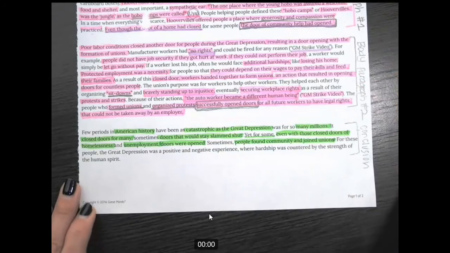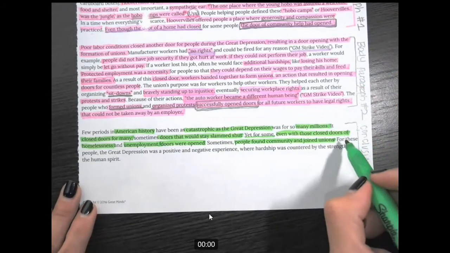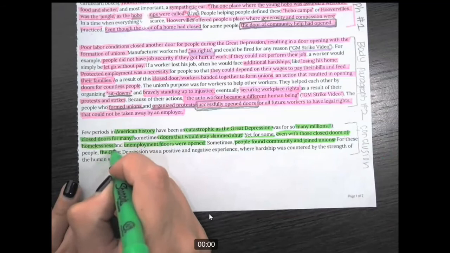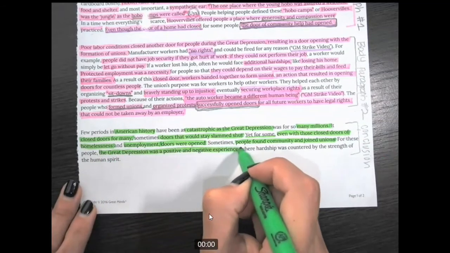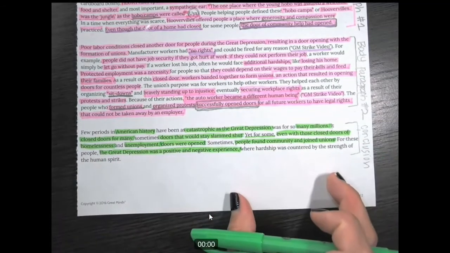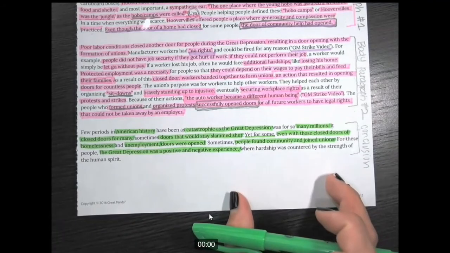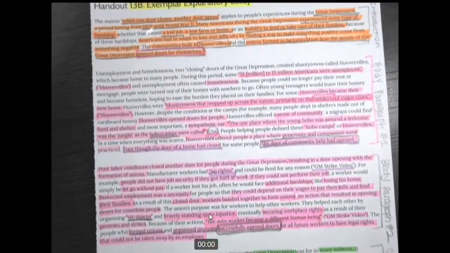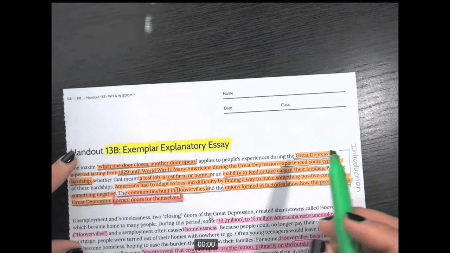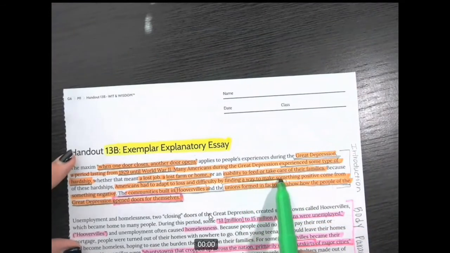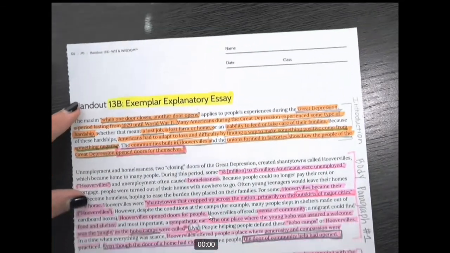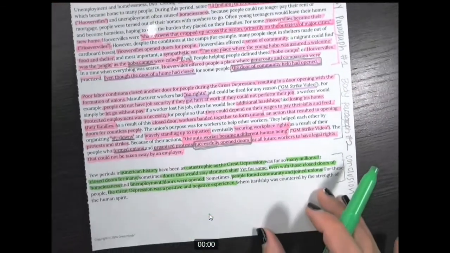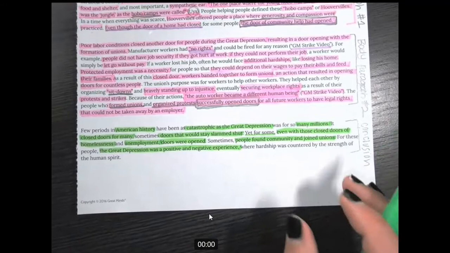And then it goes on to say, for these people, the Great Depression was a positive and negative experience. So if we remember, boys and girls, we mentioned how finding a way to make something positive from something negative. Well, we go back into our concluding statement and mention that again.